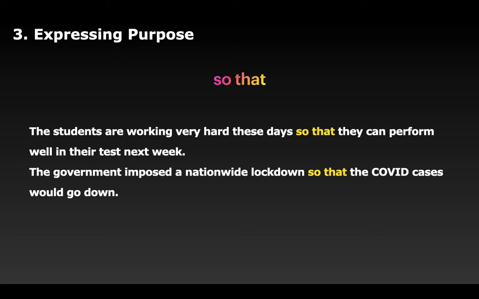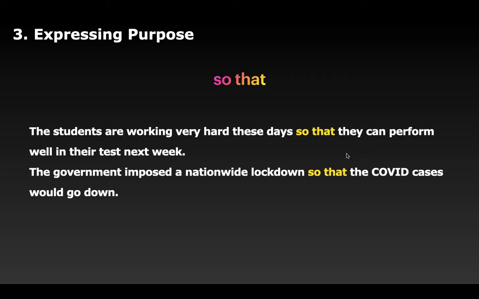Another thing, the second one is, do you see how consistent our tenses are? Or our tense is. The students are working. This is present, right? And then in the other part of the sentence, you can see can perform is your verb, which is present or future, right?